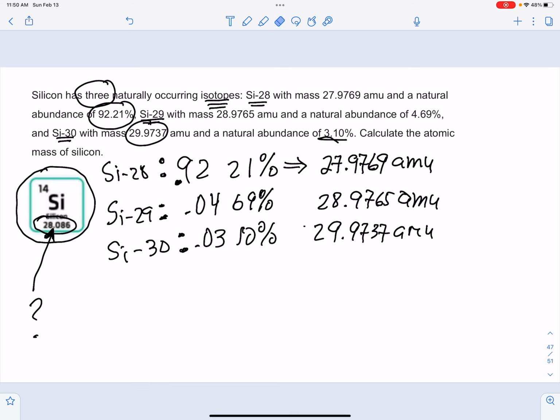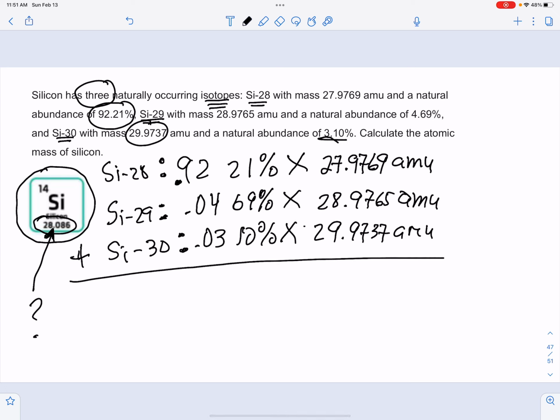And what we're going to do is multiply that percentage, now as a decimal, by the atomic mass unit of the isotope, and we're going to add all of them together. When you do that, that's going to give you that number.